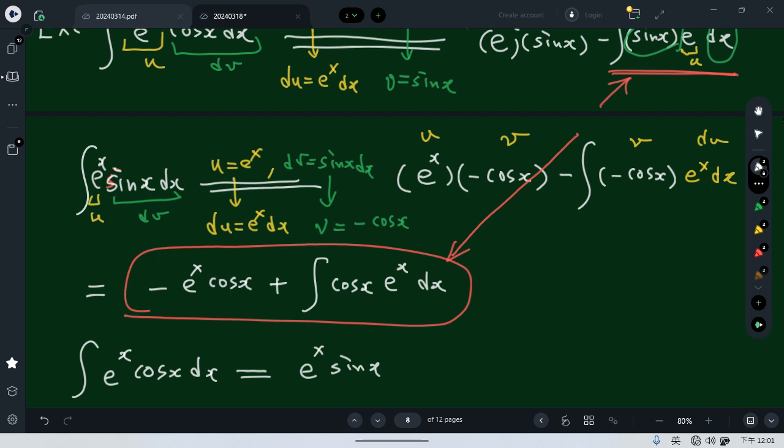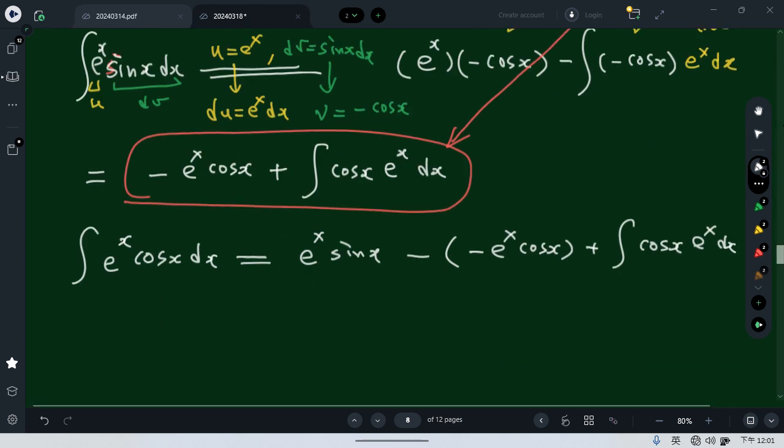So it will be minus exponential times cosine x plus the integral of cosine x e to the power x dx, right? So eventually we can get exponential x times sine x plus exponential times cosine x minus the integral of cosine x exponential x dx.